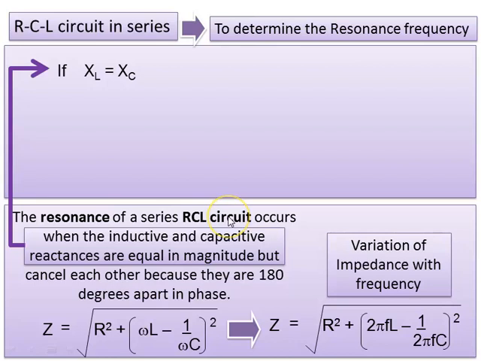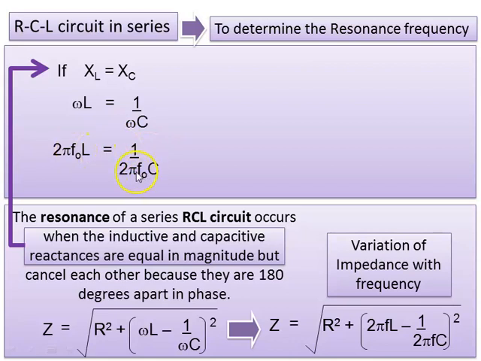Next, we are going to derive the equation for resonant frequency. From this sentence, the inductive and capacitive reactances are equal in magnitude, so we can write XL equals XC. Substitute XL equals omega L and XC equals 1 per omega C and equate them. And then omega equals 2 pi F, and the F used here is the resonant frequency, because we are going to determine the resonant frequency.